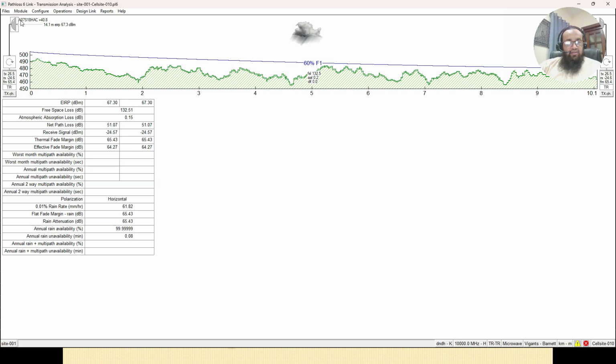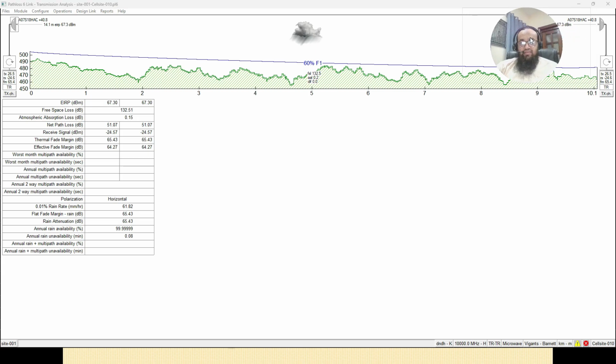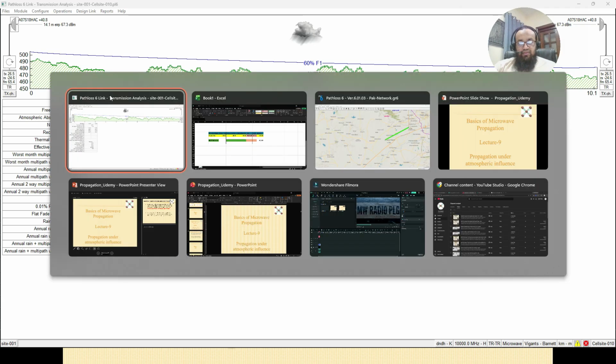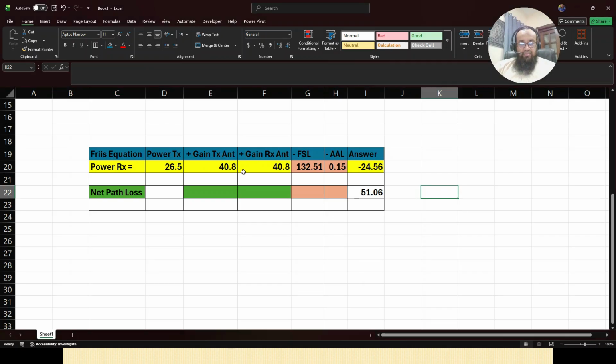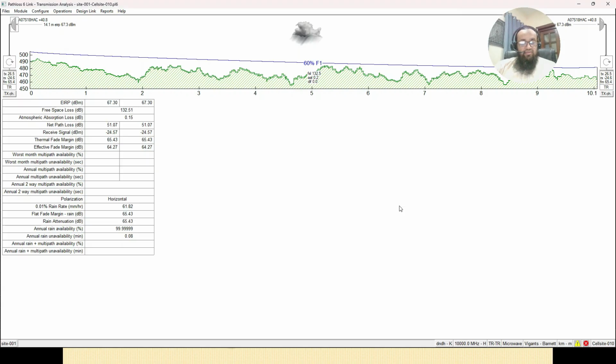How does it come to 51? Because you see these antennas, the antenna gain is usually written here. The antenna has 40.8 gain, and the same here, 40.8 gain. As I showed you, these are two antennas of 40.8, and this is the free space loss, so we get the net path loss of 51.06.